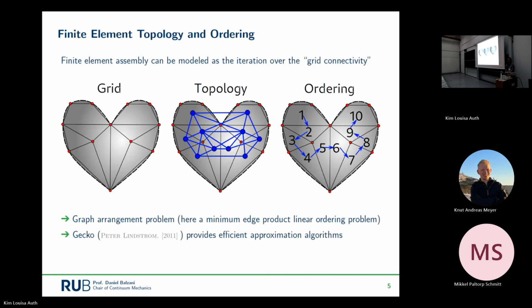It will order your DOFs such that in the stiffness matrix your bandwidth will be more minimal. That corresponds to more cache optimality, because if you have lower bandwidth, the DOFs are closer in memory in the worst case.